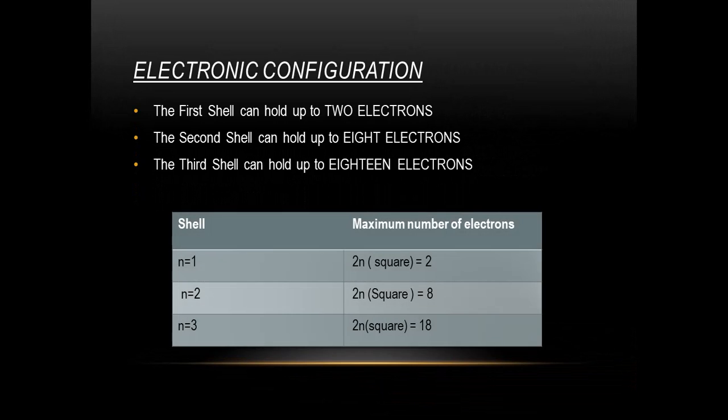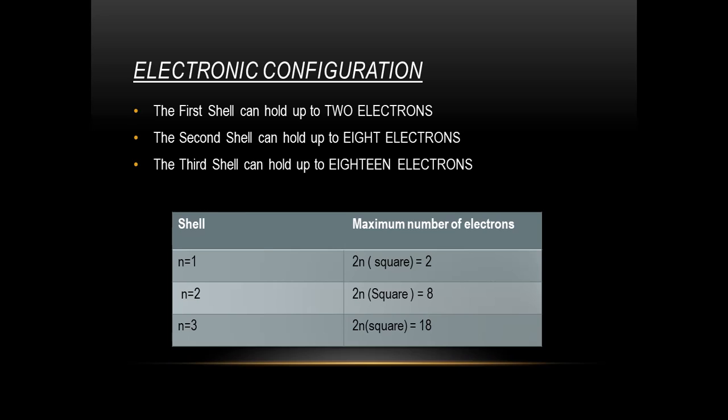Now electronic configuration. As we discussed before, you might already have some idea about electronic configuration. What is electronic configuration? It is the arrangement of electrons in different shells, in different circular paths.